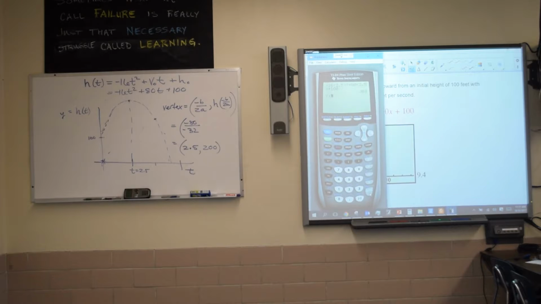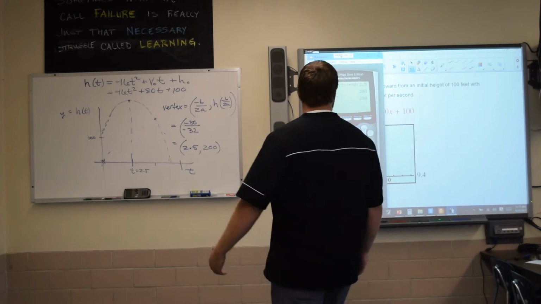So if I hit y1, it's going to do that. And I'm going to put a parenthesis, 2.5, and then hit enter, and it should give me the same 200 back. I just think that technique is a little bit more of a pain to find all those hidden functions, but it does work. There's a variety of different ways to find that.